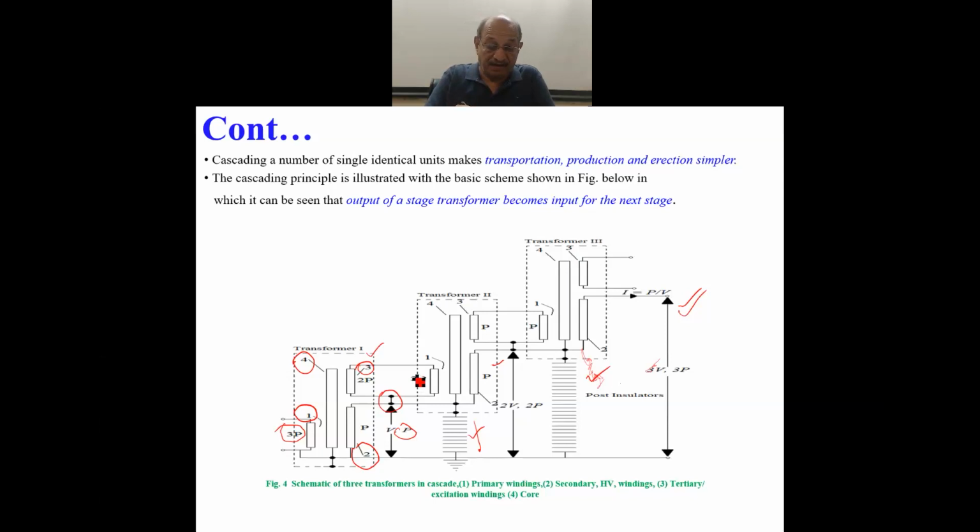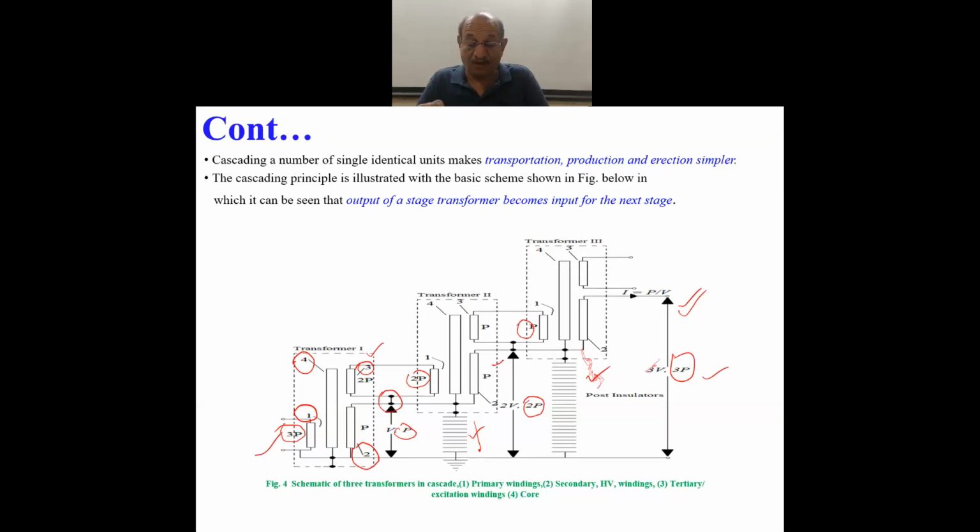So here it is 2P. Again, its output is divided into P and P. So you have 2P output here, and P is the primary input. This P is the input for the third stage. So you get 3P input and 3P output here.